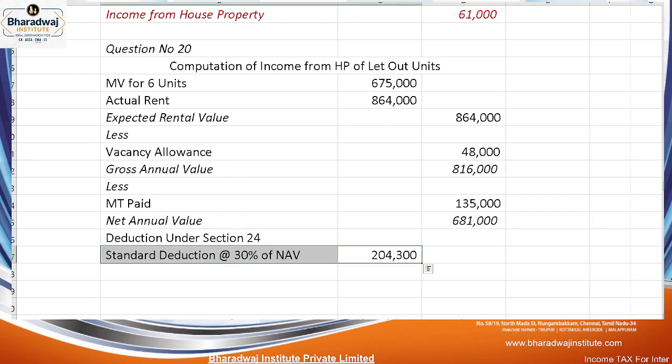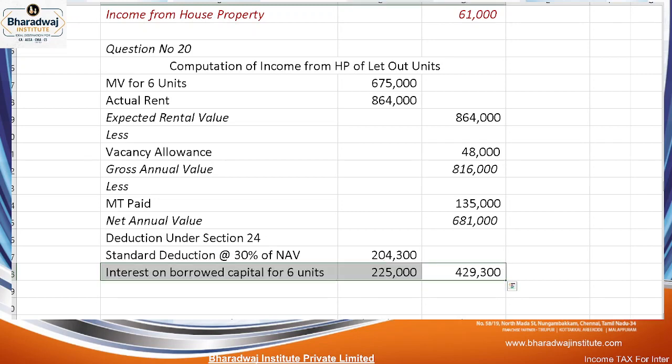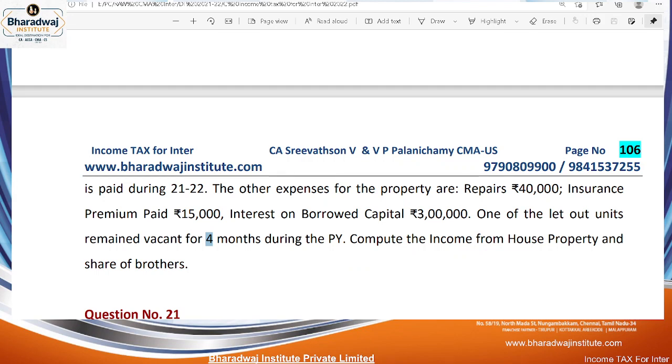Then the deduction under section 24: standard deduction is 30% of NAV, and interest on borrowed capital for 6 units. The total interest is 3 lakhs.